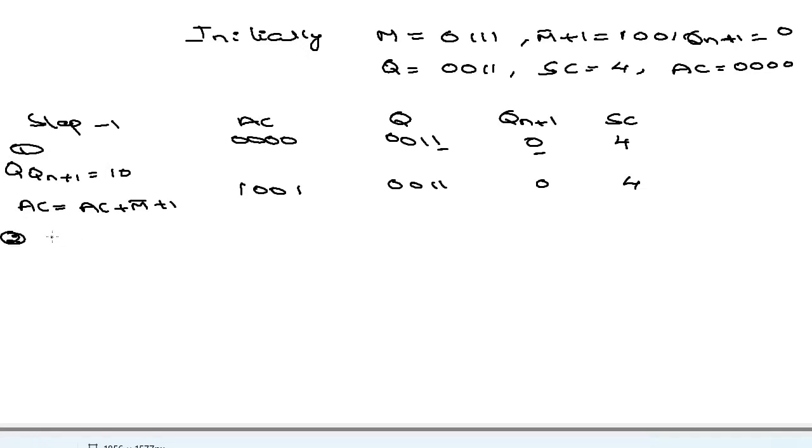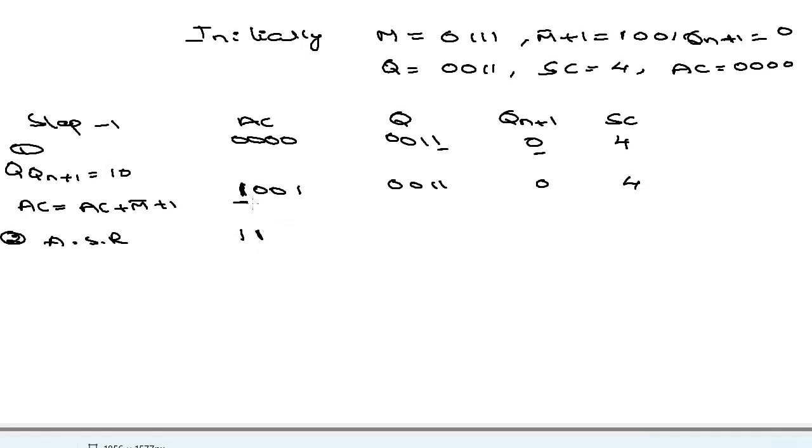The second operation is the arithmetical shift right. Now we are shifting the values. Arithmetical shift right means whatever the value in the accumulator, the most significant bit is written twice.